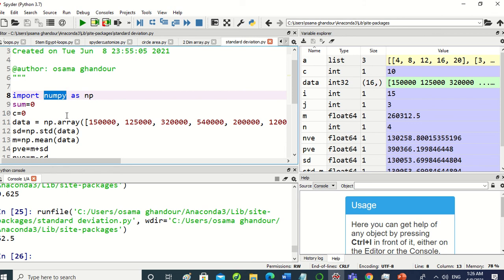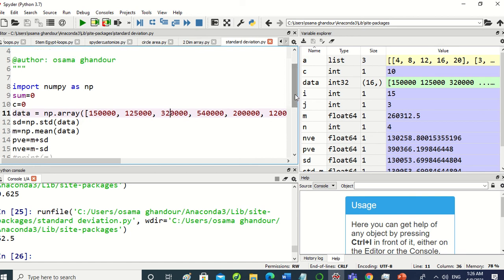Then we calculate the mean, which is represented by the variable m equals np.mean of the data, which is all this array or list. Okay, so we calculated the sigma and mu, which are here.